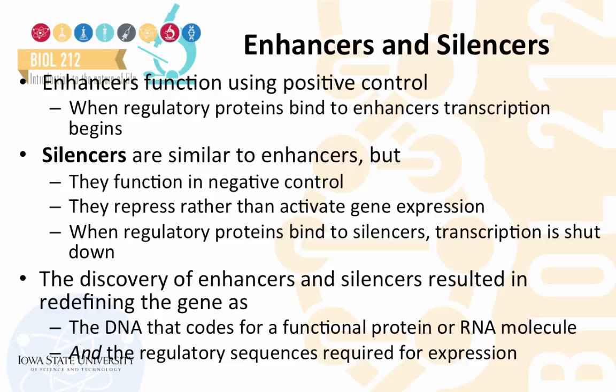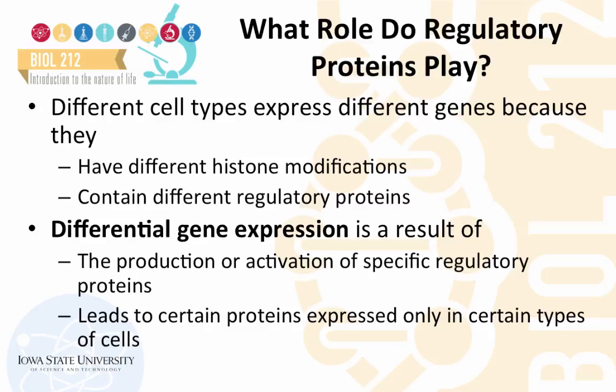The discovery of enhancers and silencers resulted in redefining the gene as the DNA that codes for a functional protein or RNA molecule and the regulatory sequences required for expression. So far, we've looked at the regulatory sequences present within DNA that either facilitate or repress gene transcription.